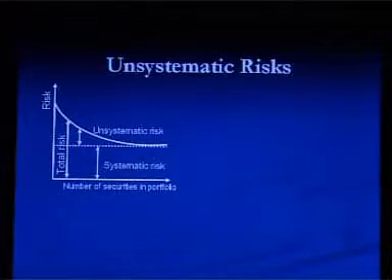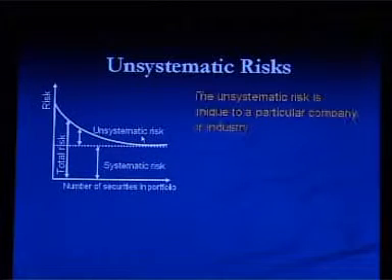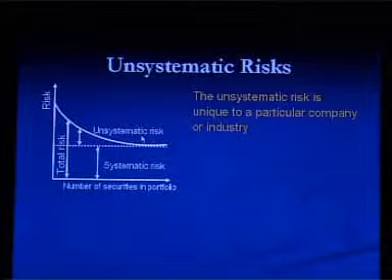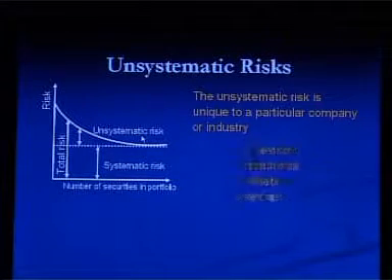Now, what about unsystematic risk? Unsystematic risks are generally related to the specific industry or business that can be eliminated by increasing the number of securities in the portfolio. Now, let us know more about unsystematic risk. In the graph, you can also see the unsystematic risks here, where the unsystematic risk is unique to a particular company or industry.